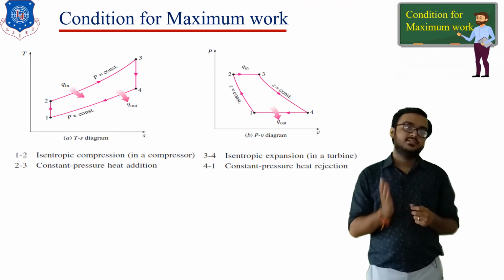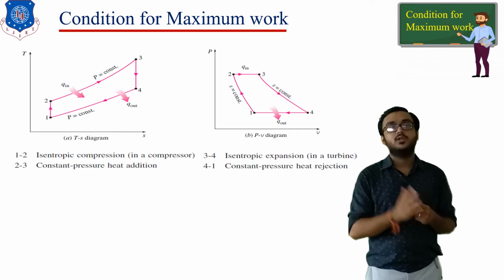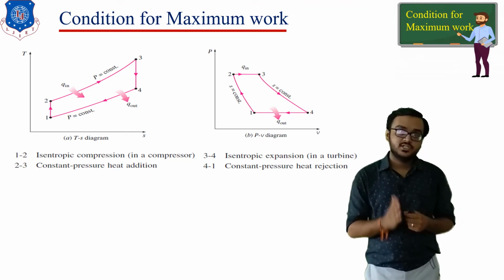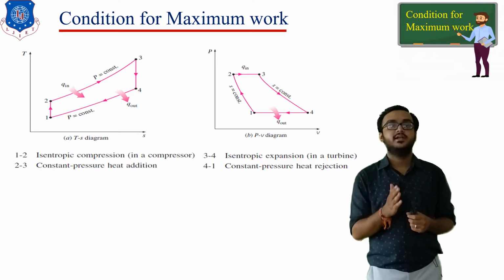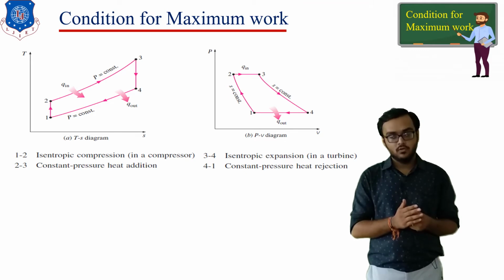During compression, pressure increases, temperature is also increased, while volume reduces. So we plot one curved path on the PV diagram like this, 1 to 2, which indicates an increase in pressure and a decrease in volume.